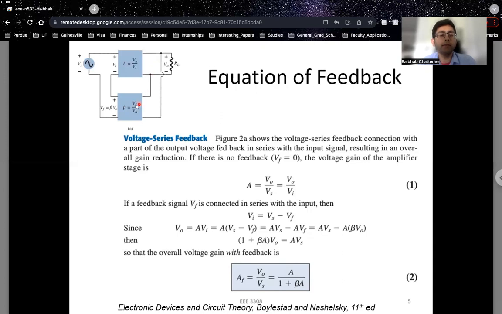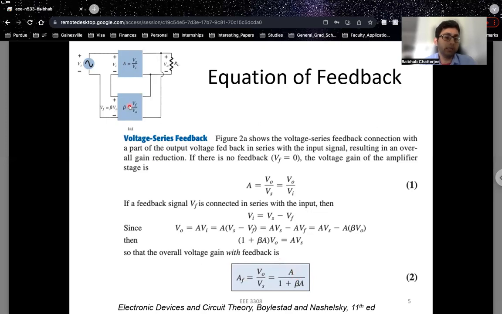Now, if you had a feedback network, which is a ratio of resistors, for example, and a ratio of resistors is usually invariant to process, voltage or temperature change, or PVT variations. So if you somehow are able to create this beta network that is invariant of the process, then through this feedback network, your overall gain becomes just a factor of 1 upon beta.